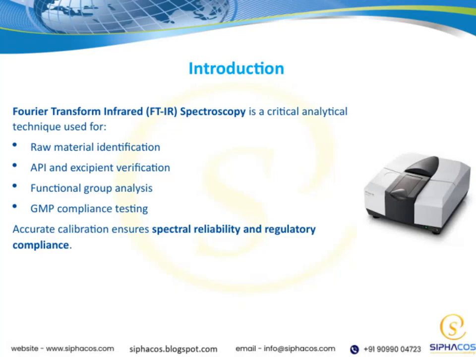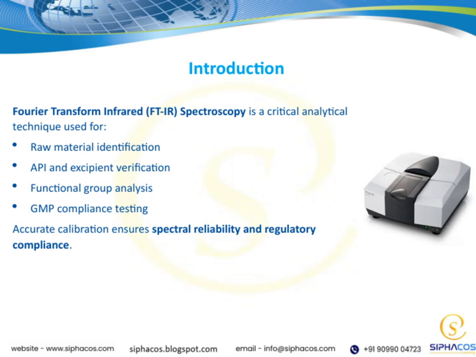Welcome to our second slide, where we dive into the basics of Fourier transform infrared, or FTIR, spectroscopy. This technique is absolutely essential in our field because it allows us to analyze materials with high precision. It's primarily used for identifying raw materials, making sure that the ingredients we use are authentic and of the right quality.